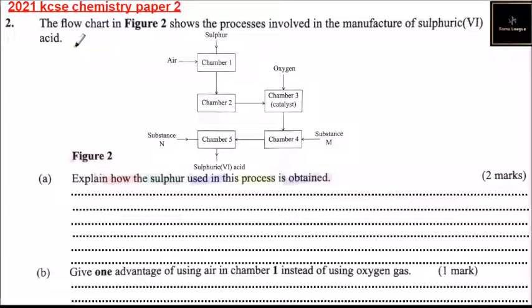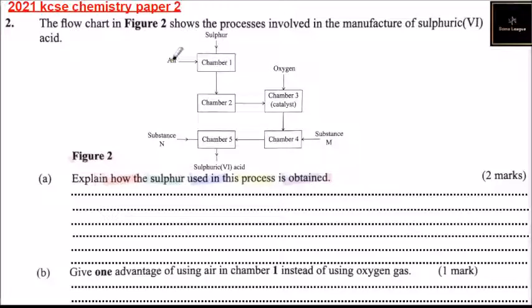Question number 2. The flowchart in figure 2 shows the process involved in the manufacture of sulfuric acid. So we have the process here, the figure 2.